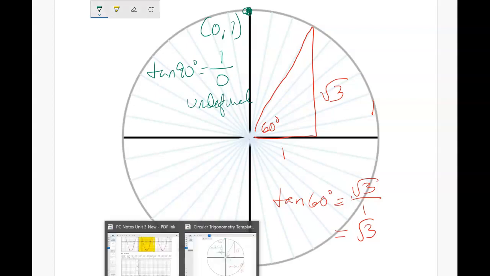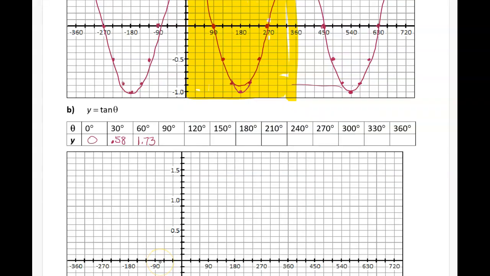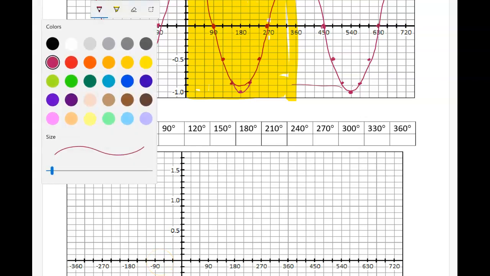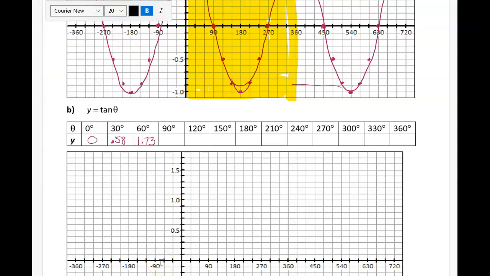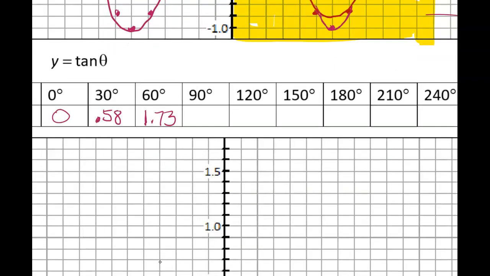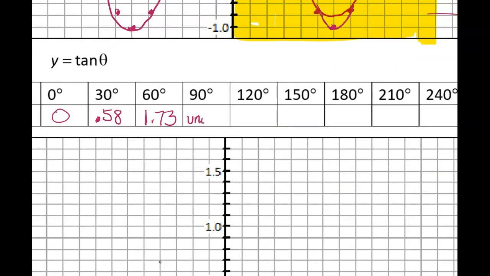So I'm going to write that in my table here, that the tangent of 90 is undefined. We'll just abbreviate undef.